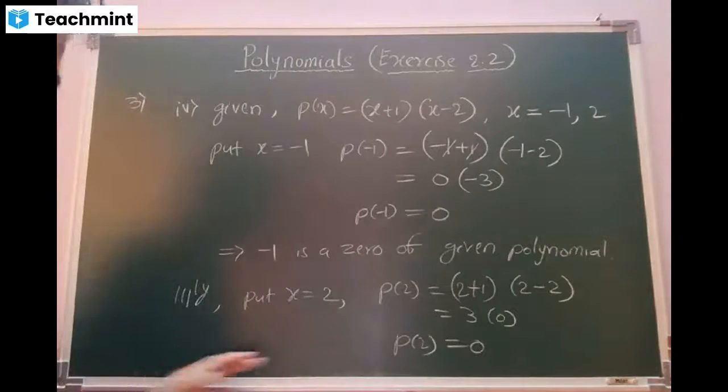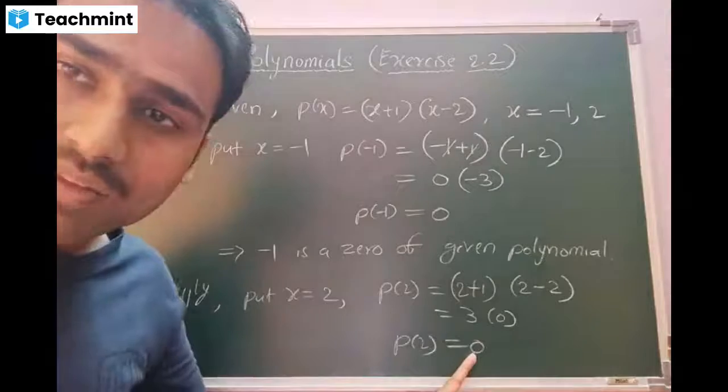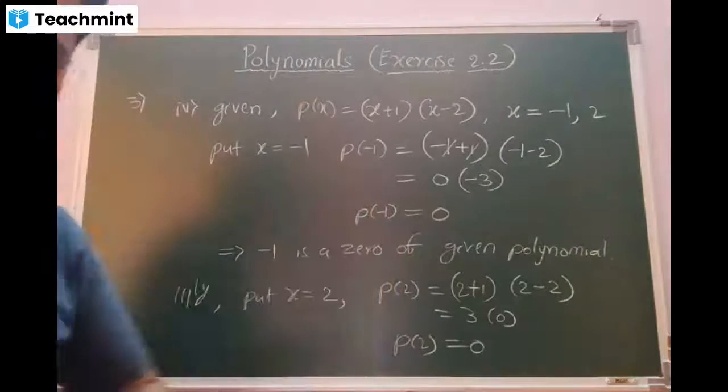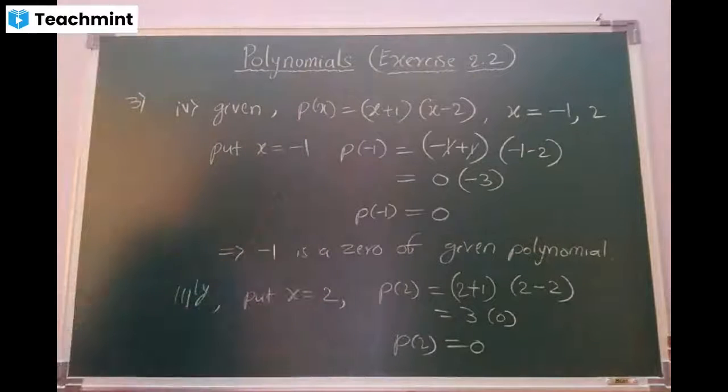Again beta, you have to write the sentence. Since the final answer is 0, 2 is a zero of given polynomial. Yeah beta, write down quick.